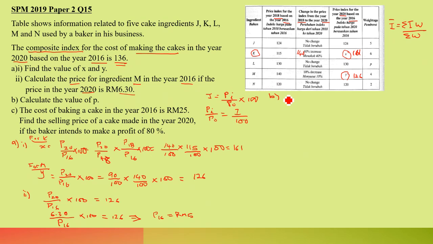So 136 will be the first one, 124 times 5 plus 161 times 6 plus 130 times P, which we don't know, plus 126 times 4 plus the next one times 2, and divide by the total weightage. So sum it up, 5 plus 6 plus P plus 4 plus 2.